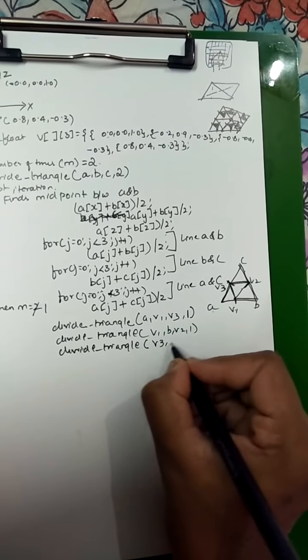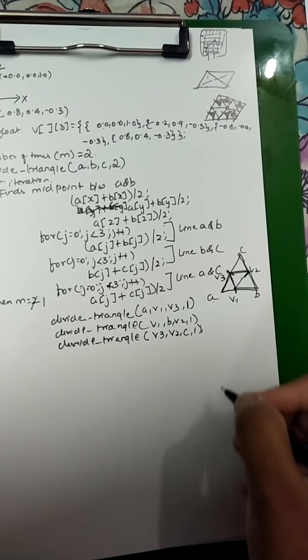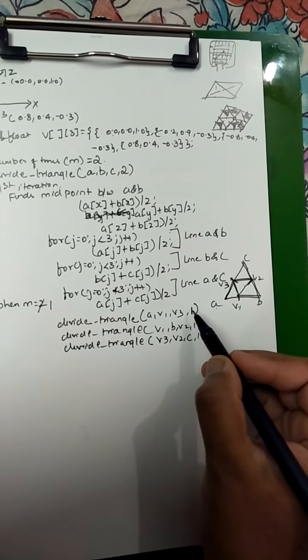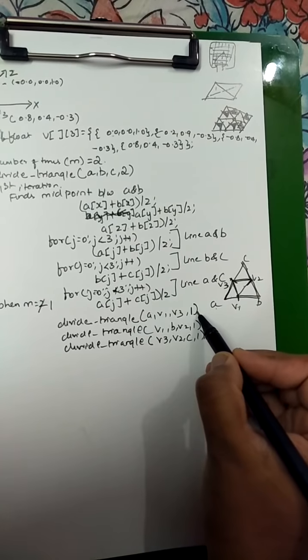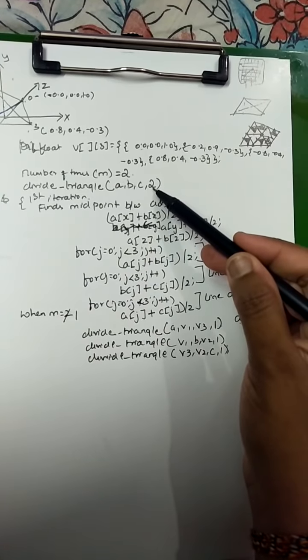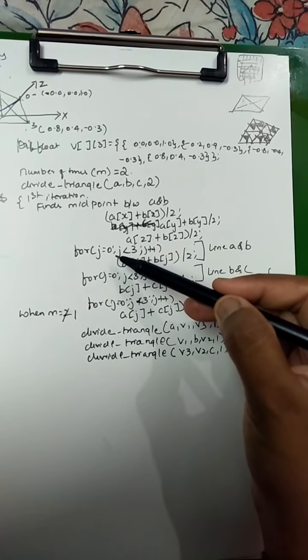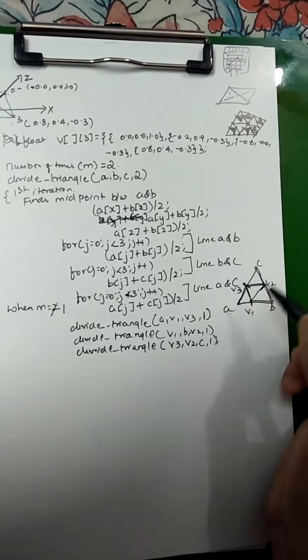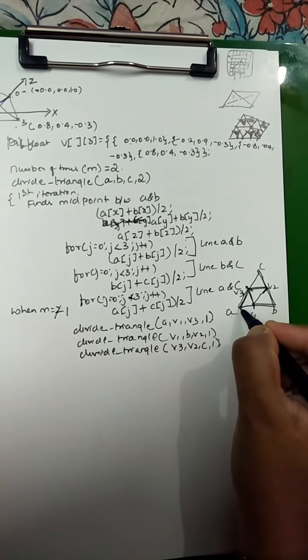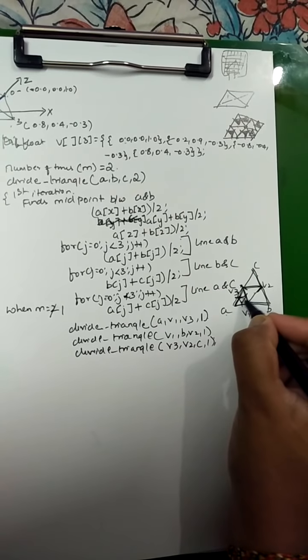So I have to call V3, V2 and C. One more iteration. Correct. What happens when this is called? This calls this function again, in which 2 will be replaced by 1. That's it. And it will call this for loop, where again the midpoint of this small triangle is calculated and a triangle is drawn.